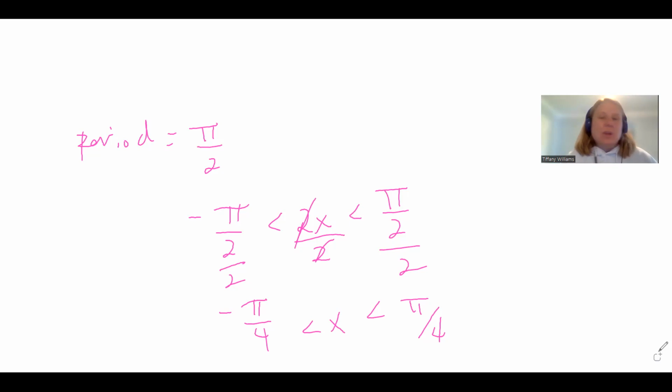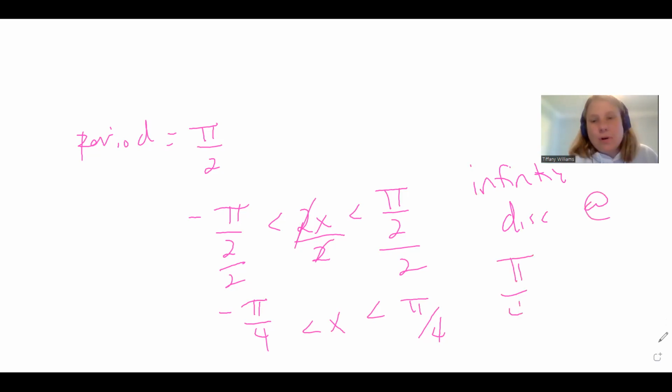So to state it, we know it's going to be an infinite discontinuity. We're going to have infinite discontinuities, and that's going to occur at pi over 4 plus or minus n pi over 2, where n is any integer.